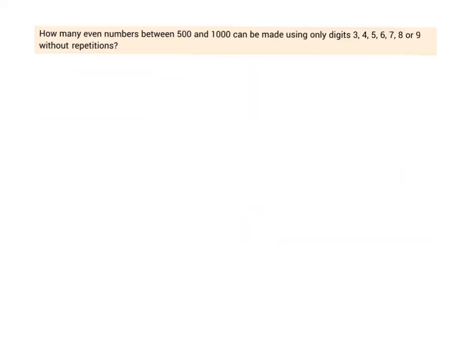Okay, so one more example. We're asked here in this question, how many even numbers between 500 and 1000 can be made using only the following digits? Well, if it's to be between 500 and 1000, it must begin with 5, 6, 7, 8 or 9. The other important part for us in this question is that it's even numbers, which means we're going to have to break it down into two different sections or parts of the answer.